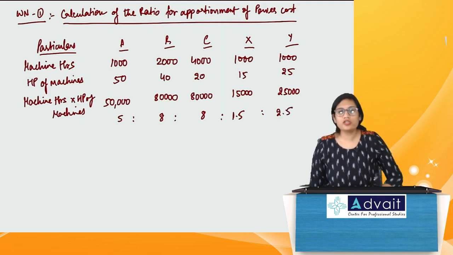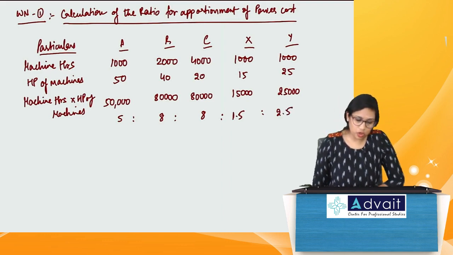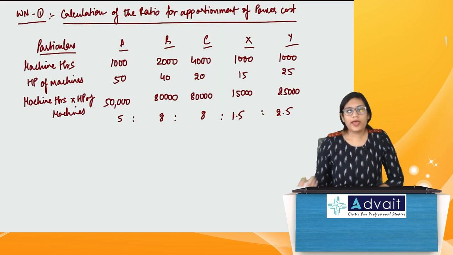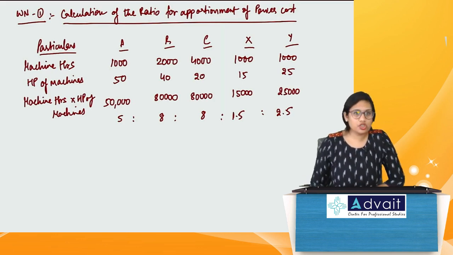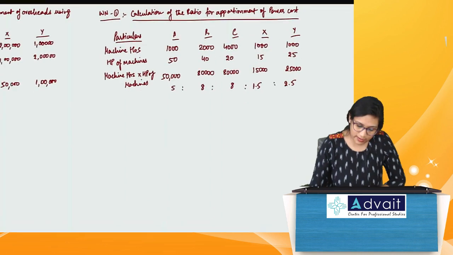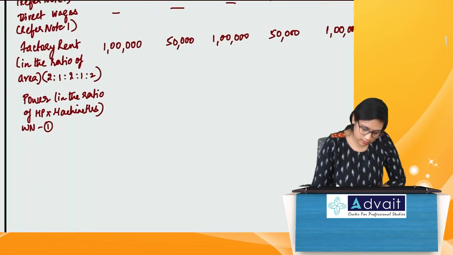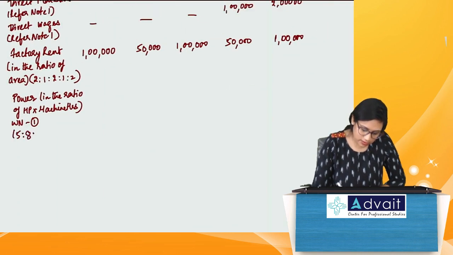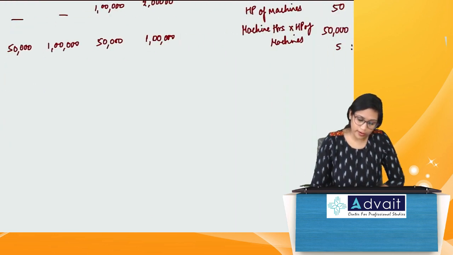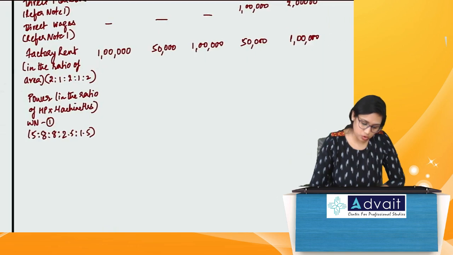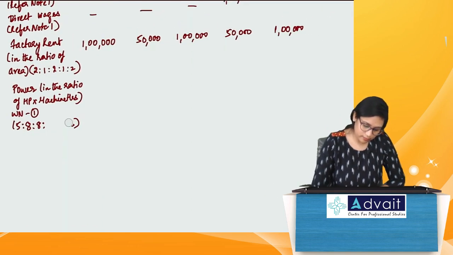I've removed 4 zeros. So this is my ratio. So can I go back there and say this is my ratio? 5:8:8:1.5:2.5.